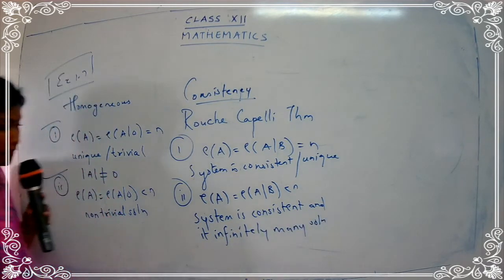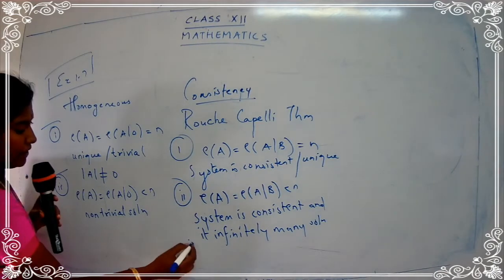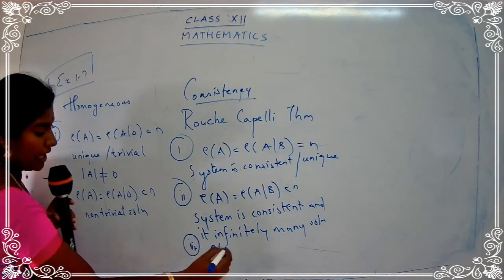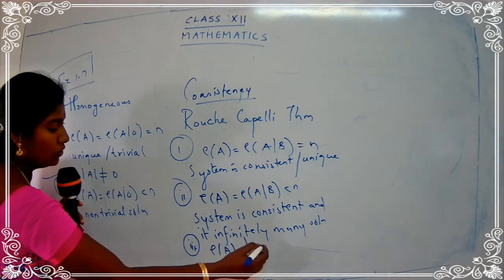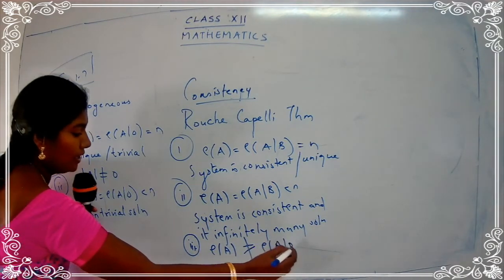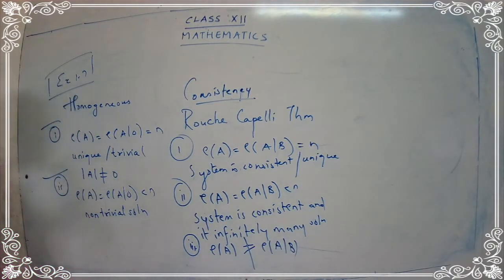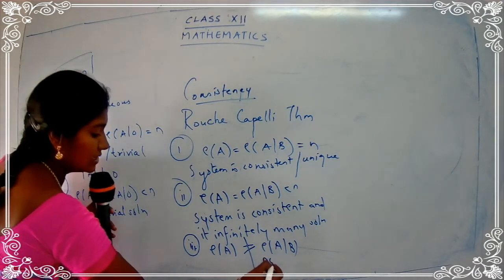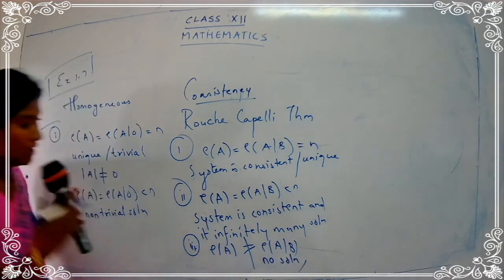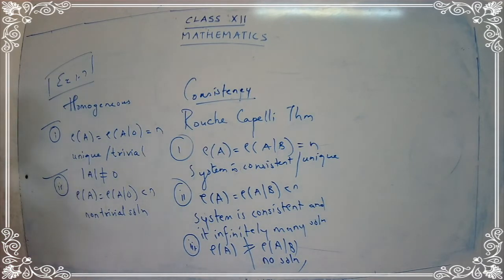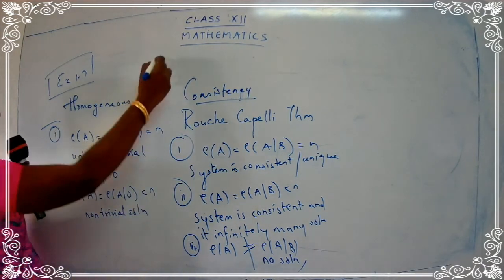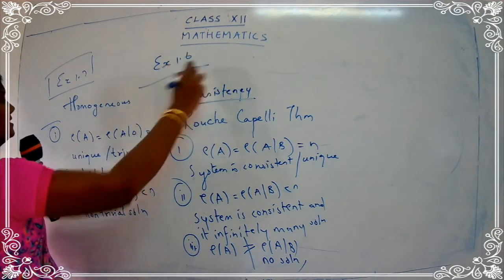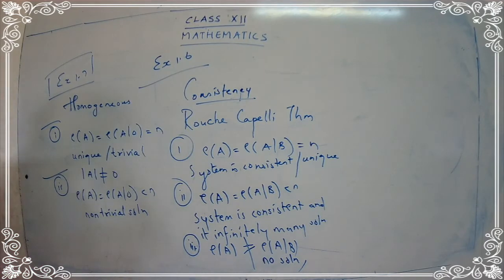The third one, what was the third rule, children? If rank of A is not equal to rank of AB, we say the system has no solution and it is inconsistent also, no solution. I hope you were clear with this consistency part. So these were the rules that we followed in exercise 1.6.